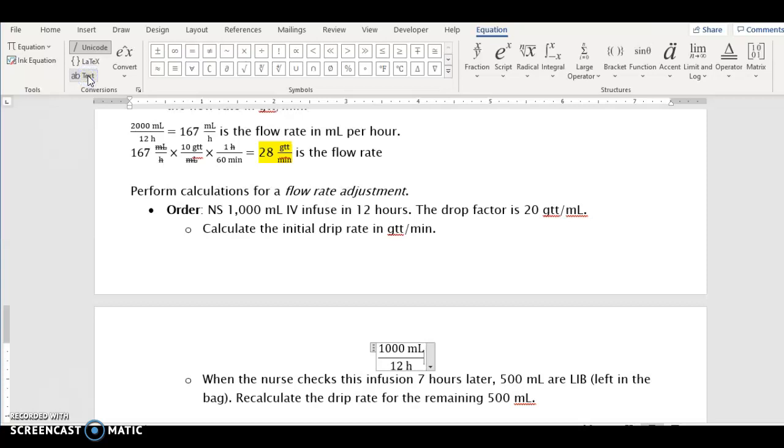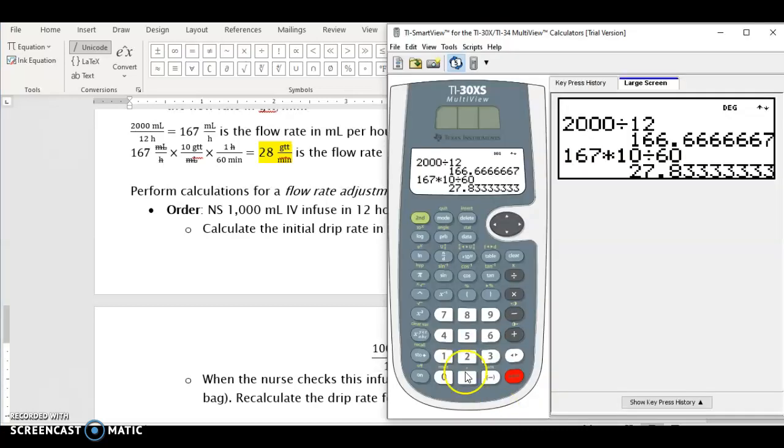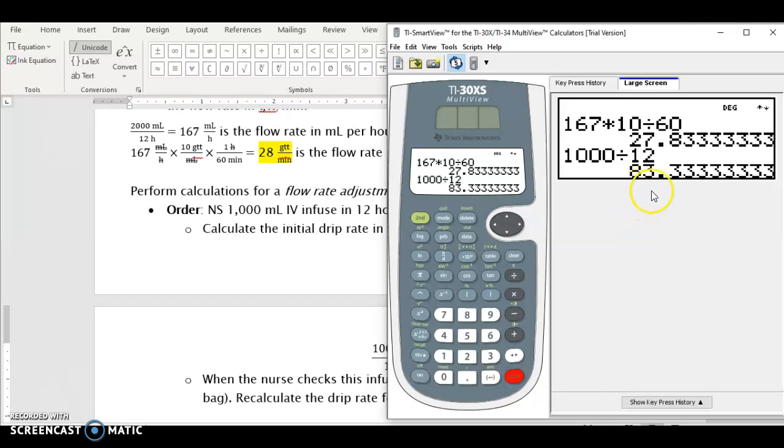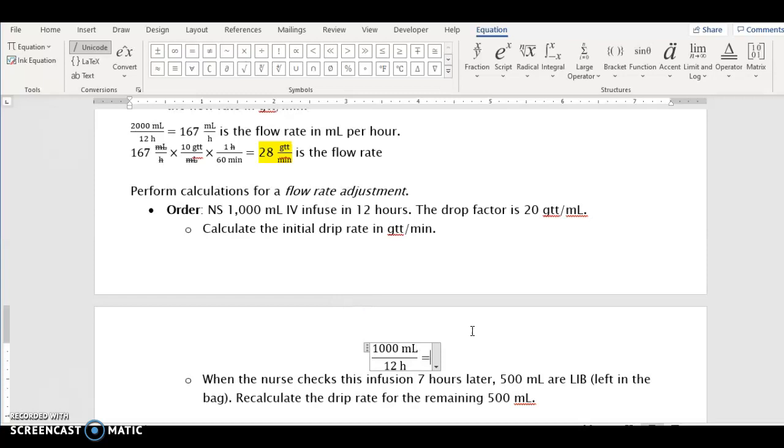So that's our initial flow rate. We put that in our calculators: 1,000 divided by 12. That's going to be a funky decimal, but let's round it to the nearest whole number. So the flow rate is 83 milliliters per hour.